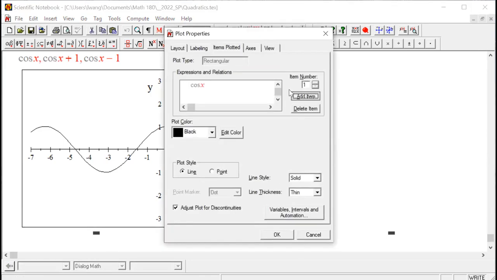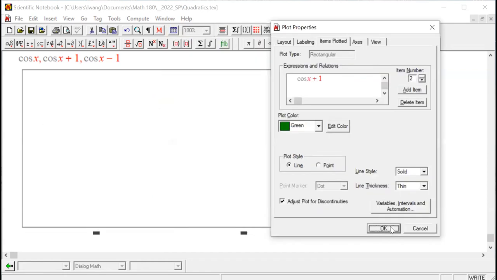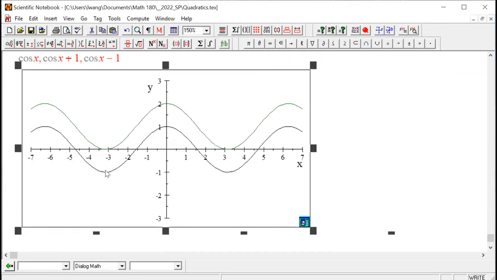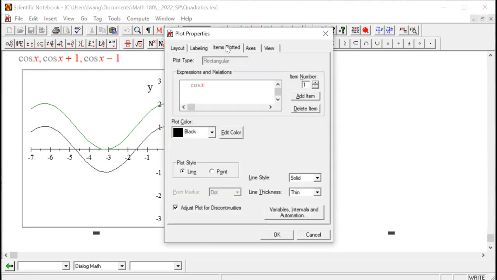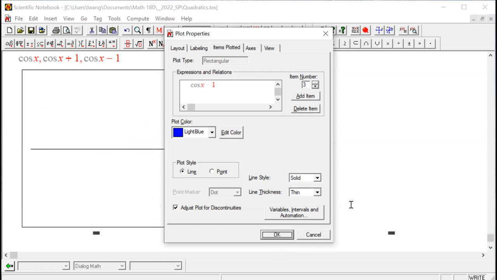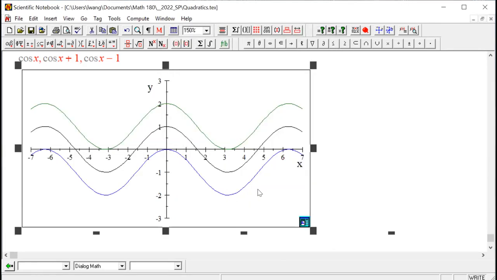Let's see if that's true. Do you visualize that? Are you ready? Boom. Every point is shifted up by 1 unit. And of course, you can see it works every single time. Shifted down by 1 unit. Shifted up, shifted down.